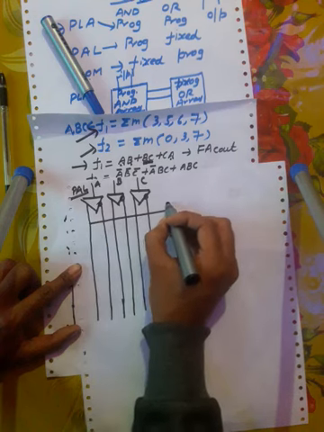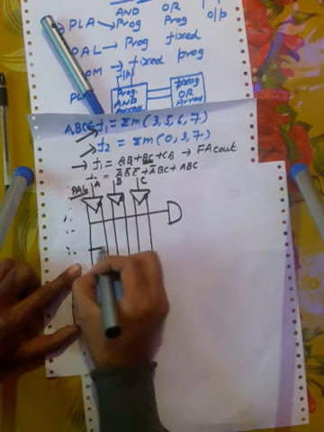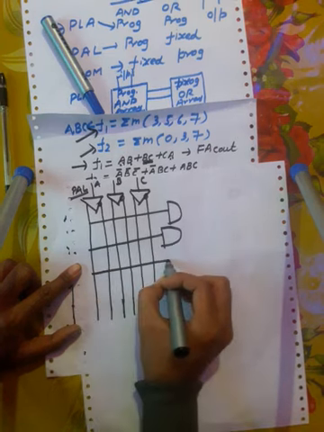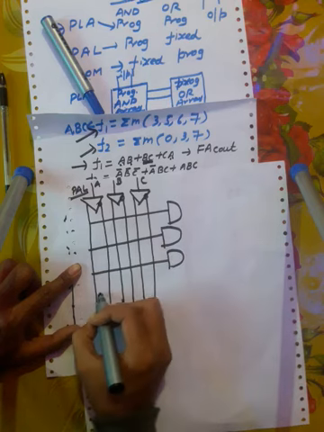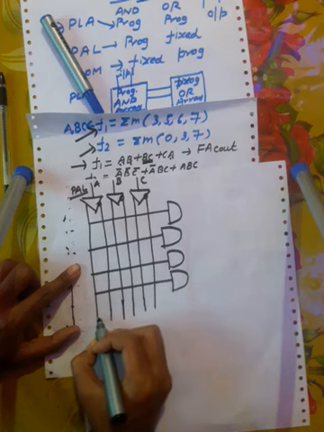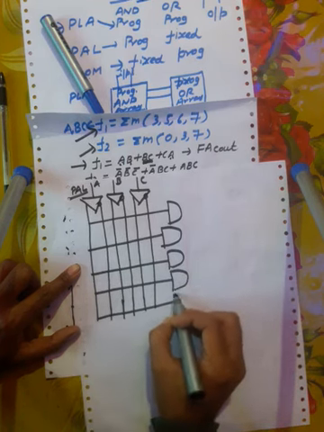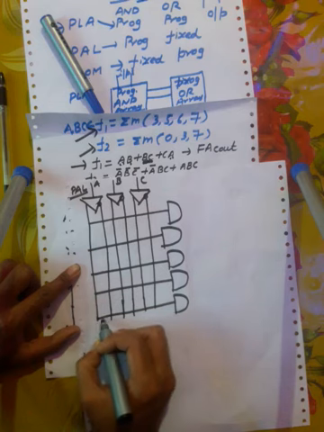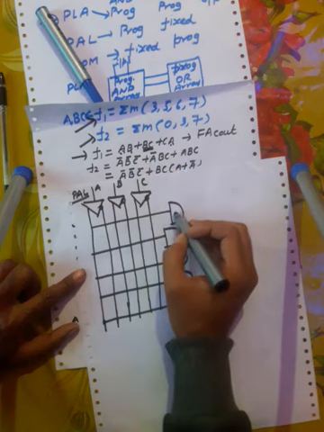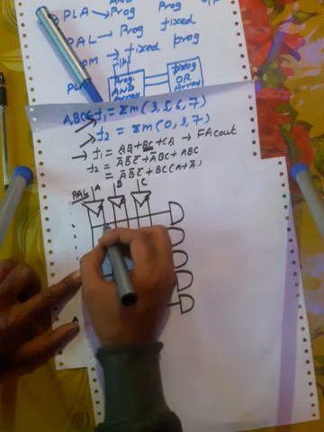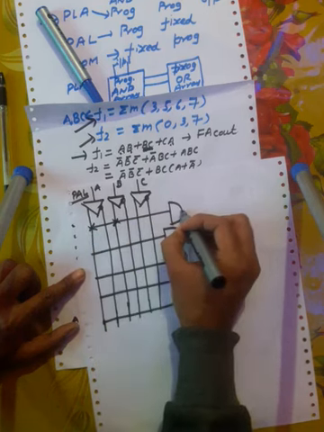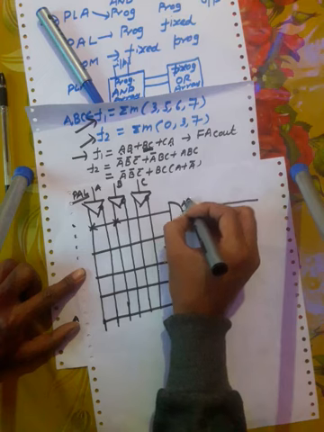1, 2, 3, 4 and 5. Now what is this? This is AB, A, B. This is your AB.